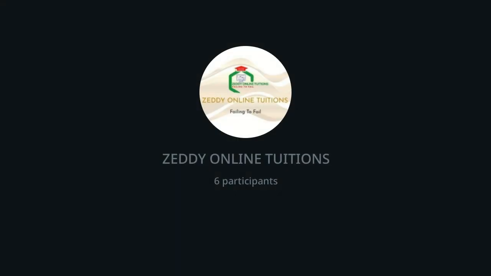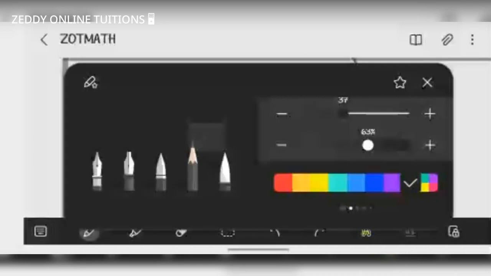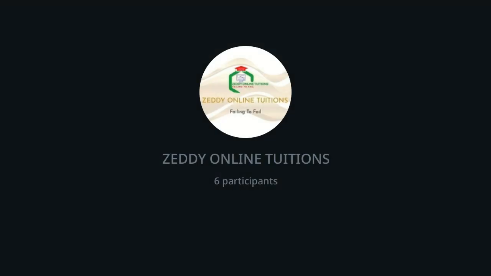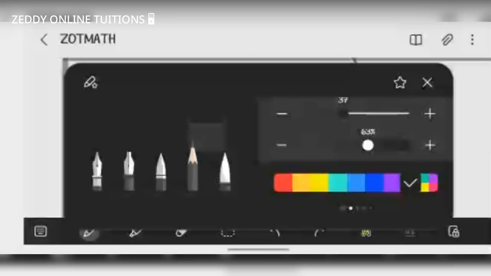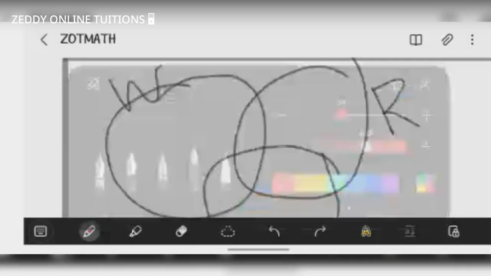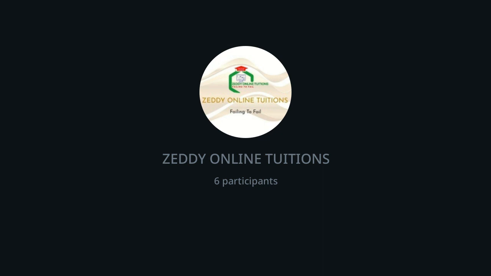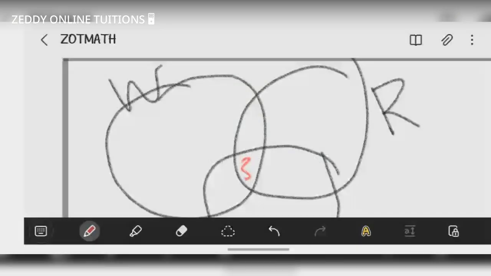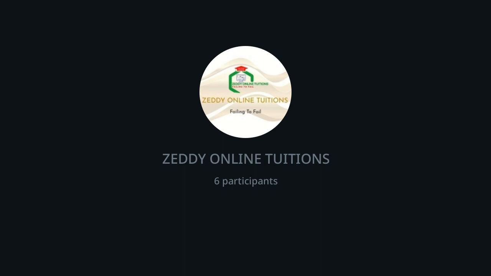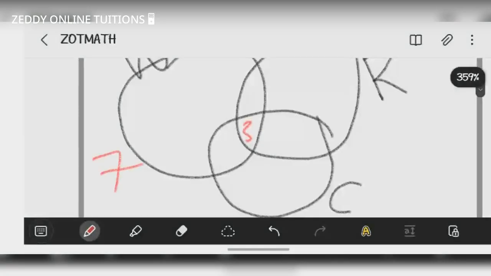Maybe let's just change the color of our ink so that it can be a little bit different. Let's use something like red. So 3 there, okay? So we got 3 people. But how many people didn't like any of these? We have about 7 people. So those 7 people, we put them outside here, okay?